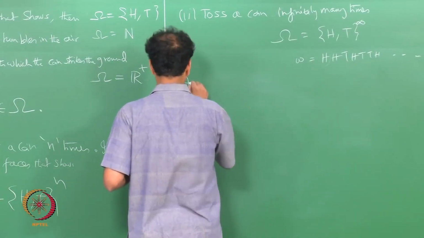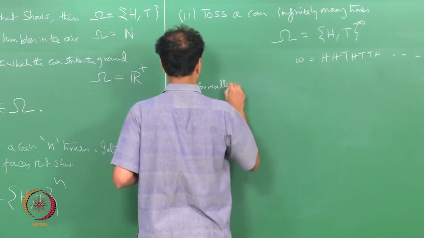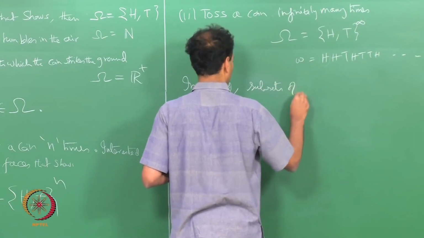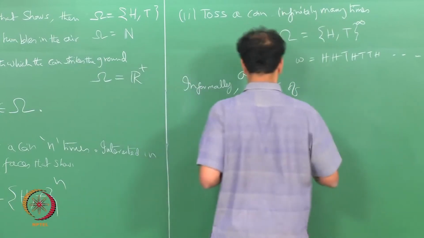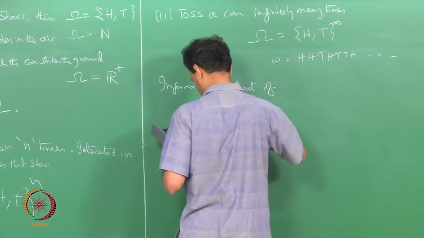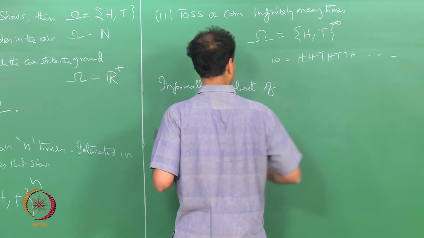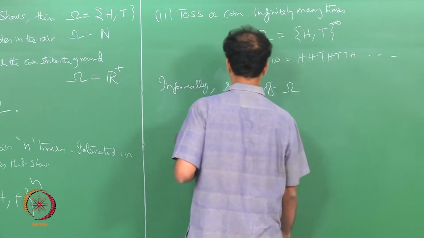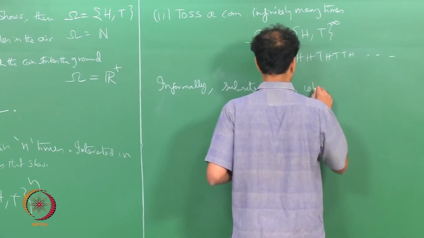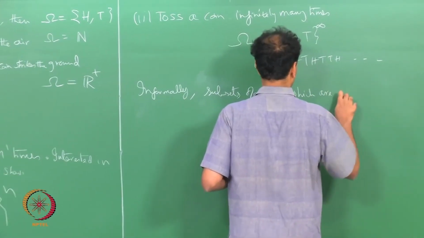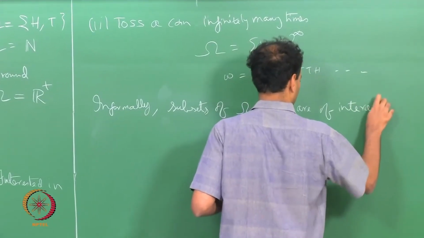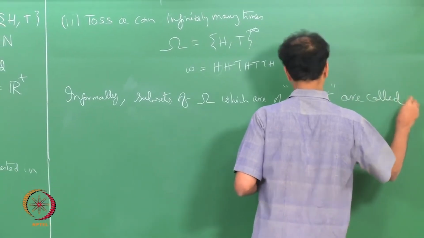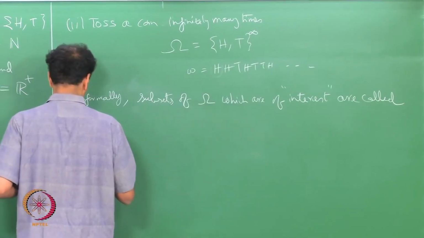Let us say informally, subsets of omega which are of interest are called events.